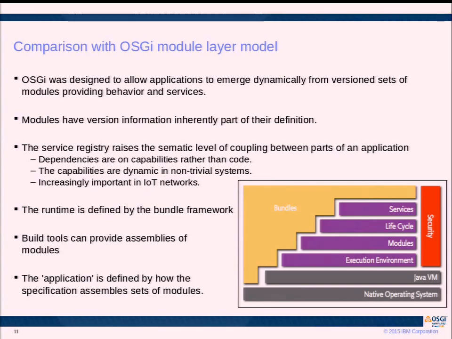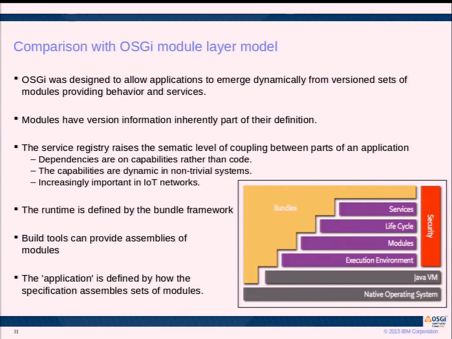Again, I want to just draw an analogy here. Down at this module knitting layer, it's all very well to try to get this coherent set of JSR 376 modules loading together. OSGi operates at a higher level, right? This allows applications to not only deal with the versioned information, but also to base things around services, more so than actual concrete class implementations.